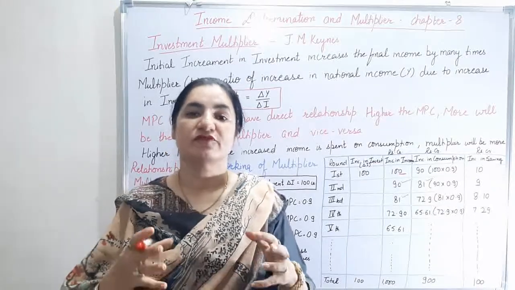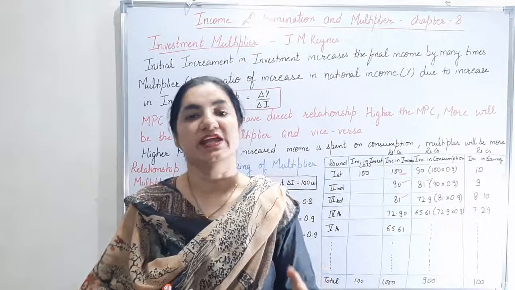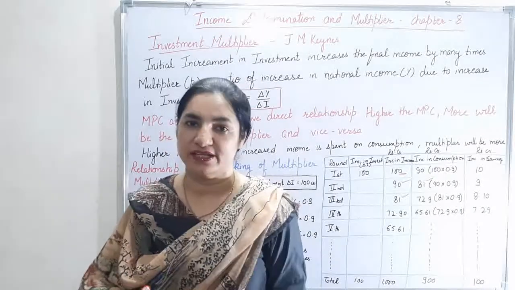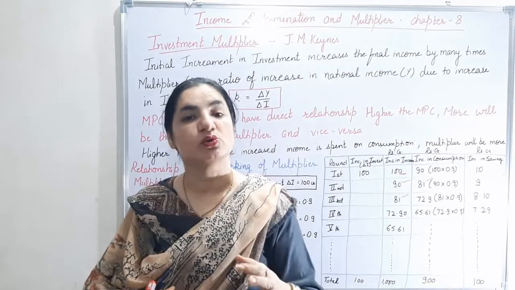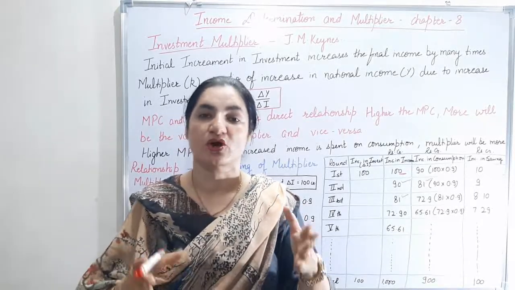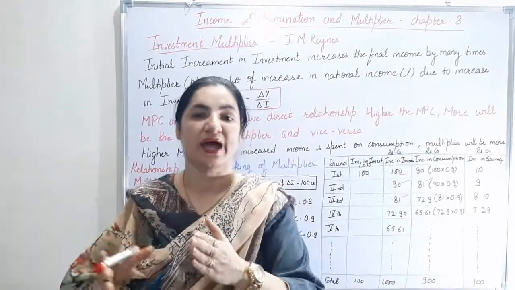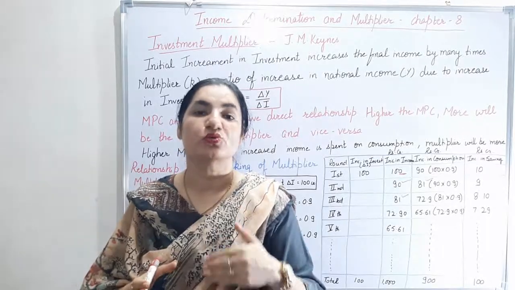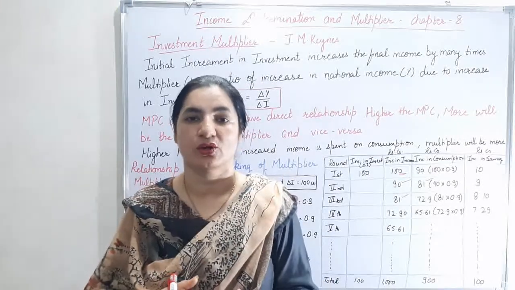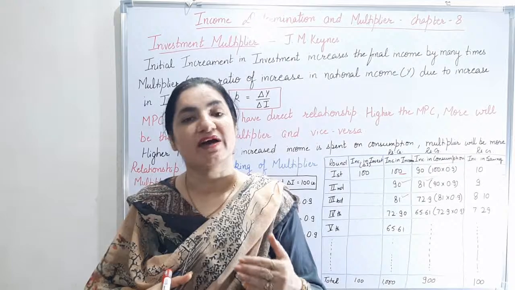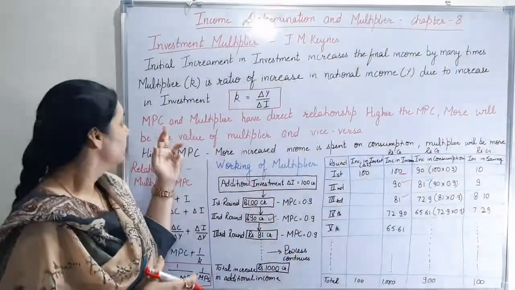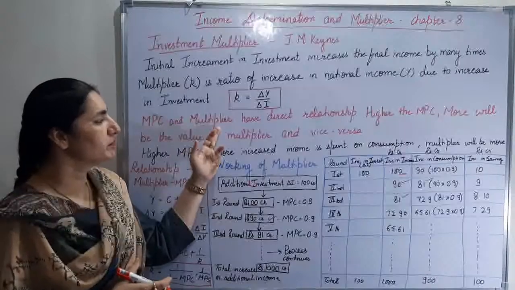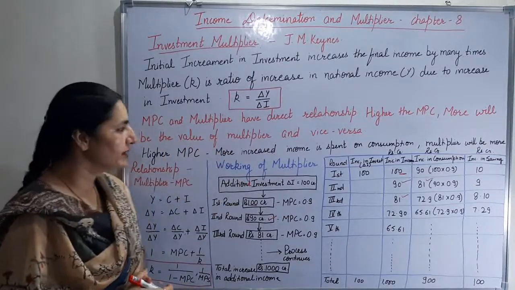If a person does not consume and saves the entire additional income, it will not generate further income because that money will be kept idle. So in order to generate more money in the economy, it is better to have a higher MPC. So there is a direct relationship between MPC and multiplier.